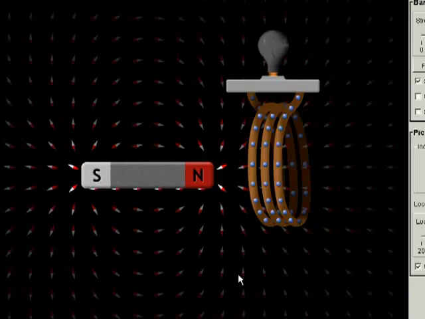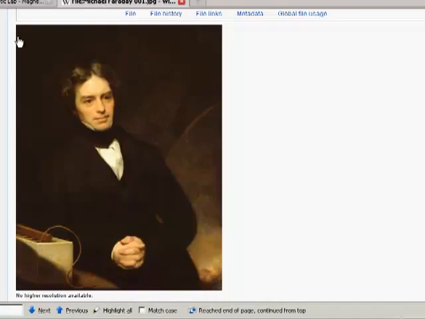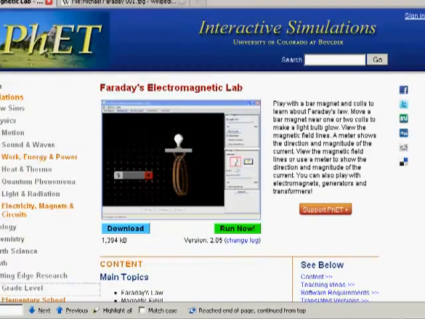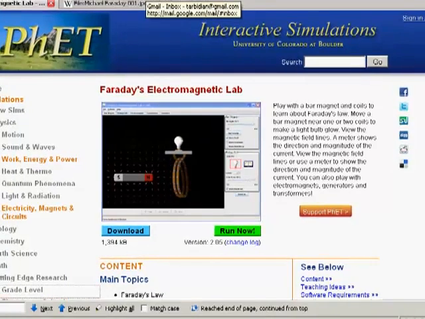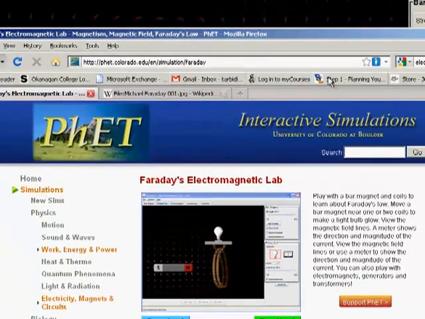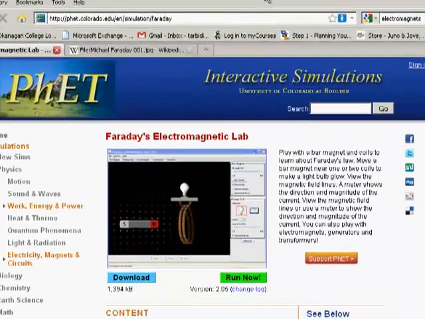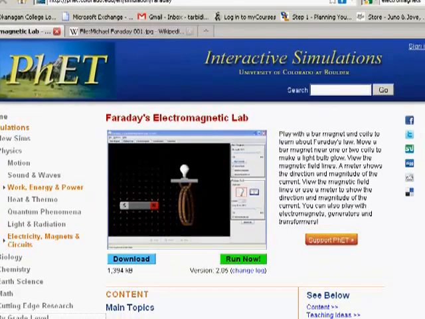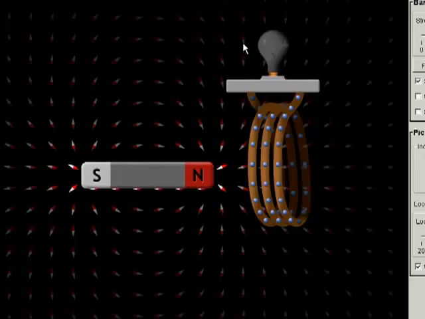This one in particular is demonstrating Faraday's law, and it's called Faraday's Electromagnetic Lab. Here's the website, so you can check it out yourself and play around with it. It's interesting to see what kind of different effects you can get. Anyway, let's go back to the actual lab itself.